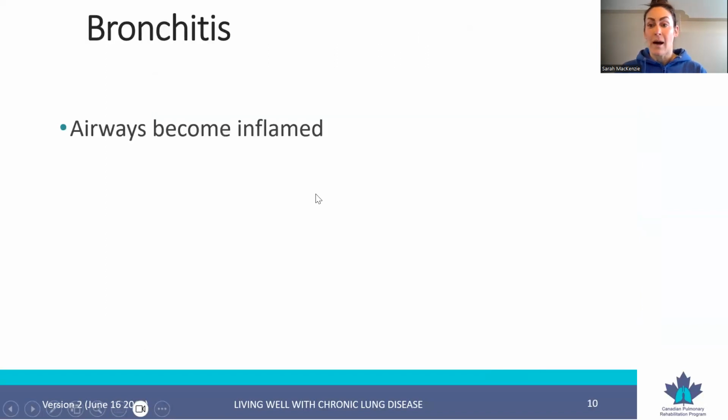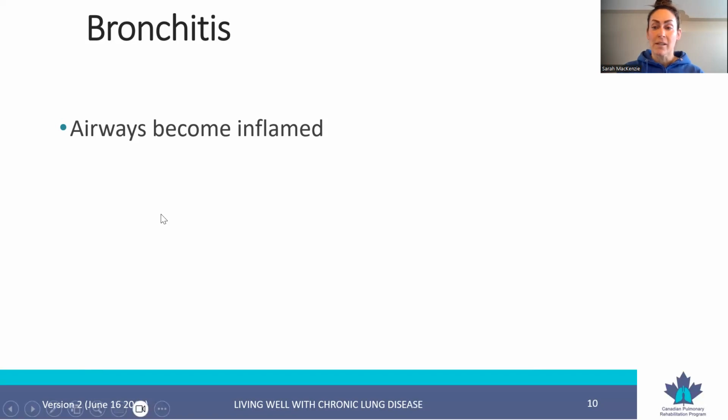Bronchitis. So it's important to note that you can have a bout of bronchitis without it developing into a chronic condition. But the definition of chronic bronchitis is a consistent chronic cough for 3 months for 2 years.